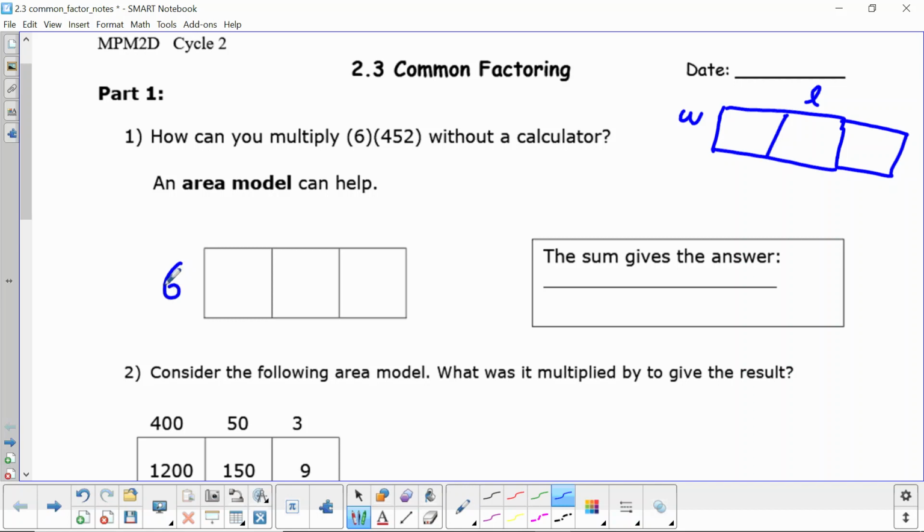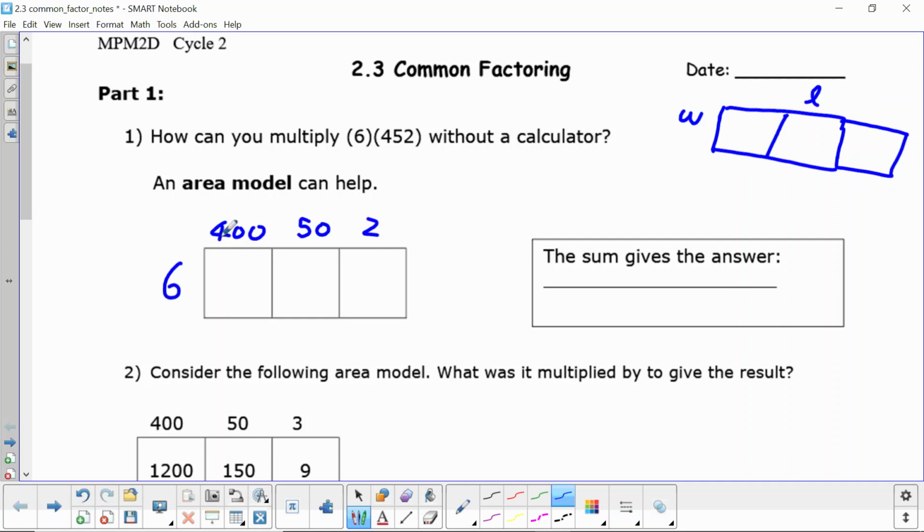So one side is 6, and for the other side we are going to split 452 into 3 parts: 400, 50 and 2.